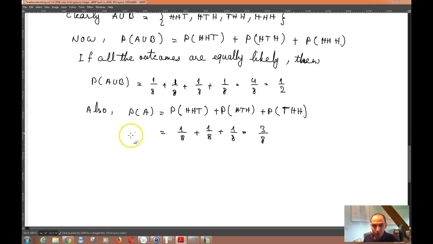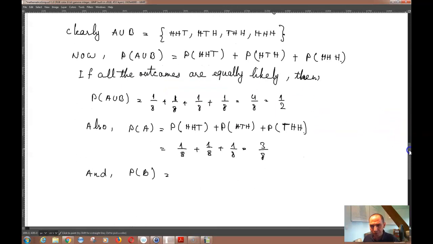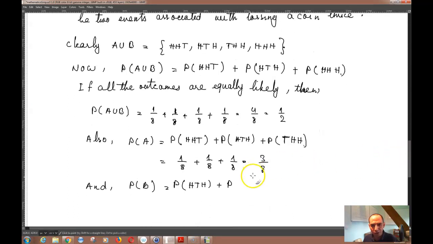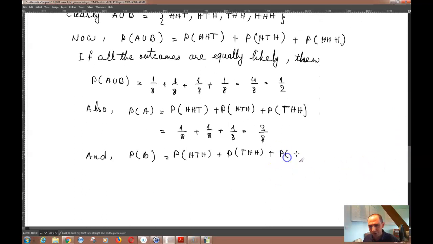And P of B is equal to P of HDH plus P of THH plus P of HHH, which is again the same thing as 1/8 plus 1/8 plus 1/8, which is equal to 3/8.